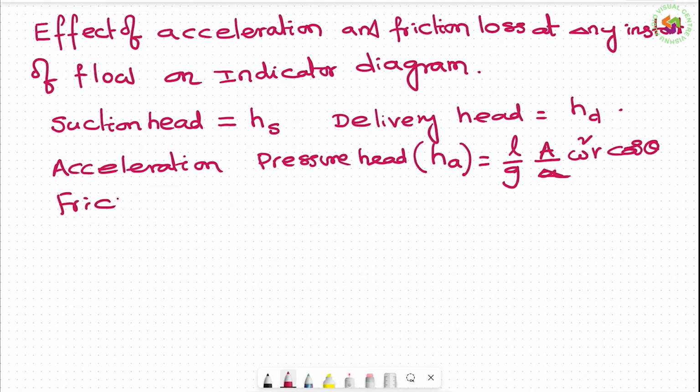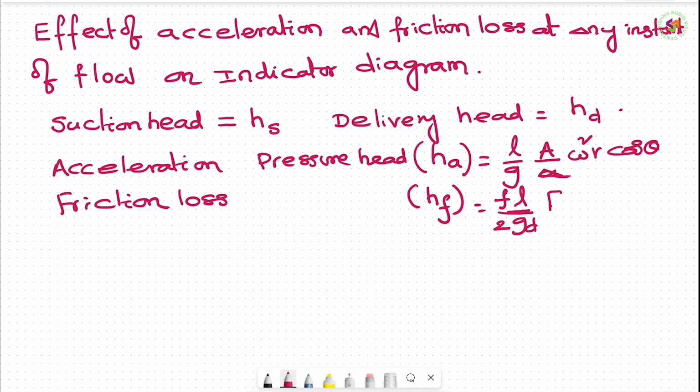Friction loss HF is equal to FL by 2GD, into A by a omega R whole square. This is the general thing. From here I will start.